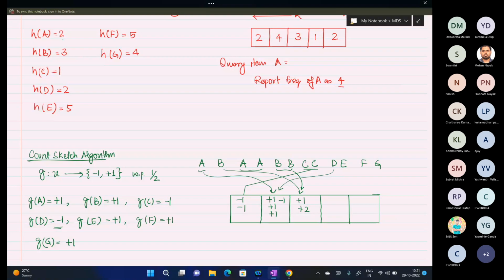E goes to the fifth bin, and its contribution is +1. F goes to the fifth bin again, and its contribution is +1. And G goes to the fourth bin, and its contribution is +1. So our resultant sketch will look like this.